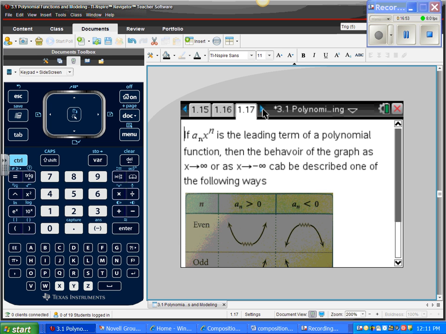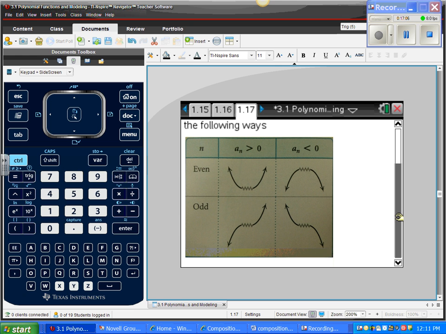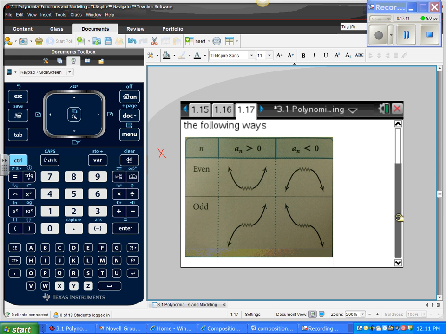So if I've got my leading term a sub n times x to the n, the leading term of my polynomial, then we've got these behaviors that can be described in the following ways. If my exponent is even, like x squared, x to the fourth, x to the sixth, and the coefficient is positive, it's going to shoot up to positive infinity on either side, on the left and right.